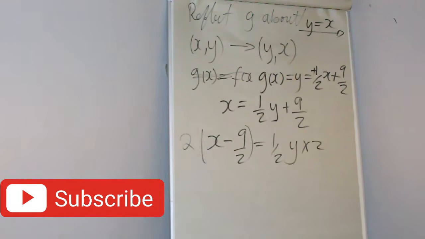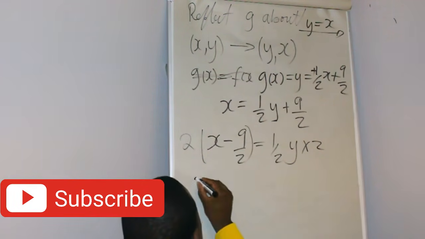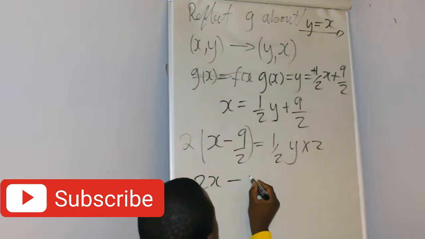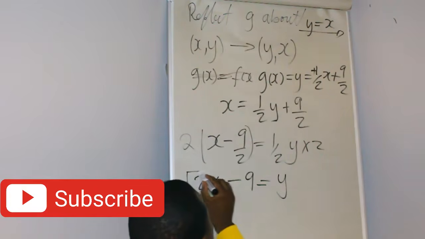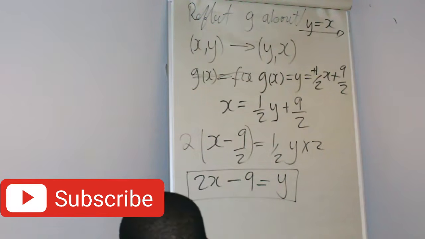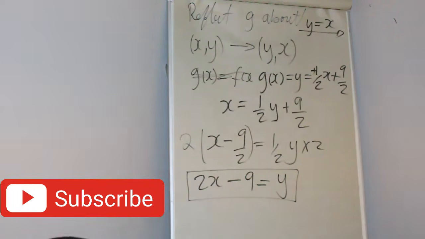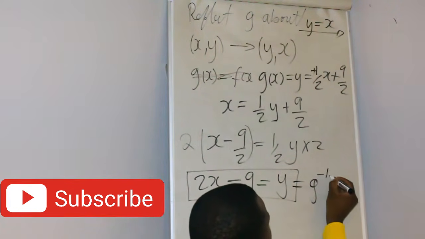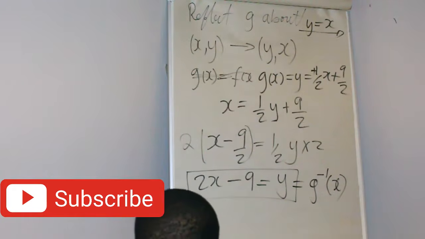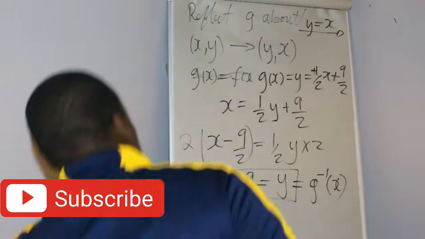Then what do you have? You have something like 2x minus 9 is equal to y. So this is your inverse, which is the same as saying g inverse of x. This is your inverse.